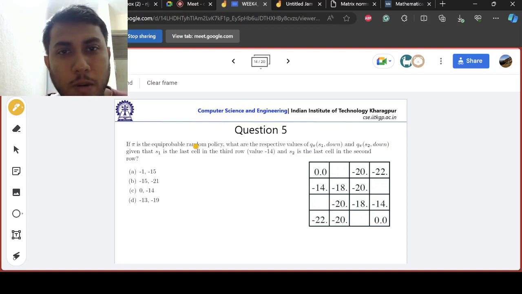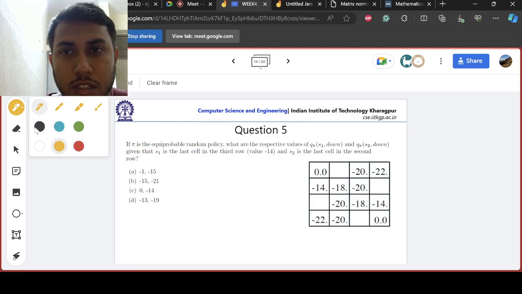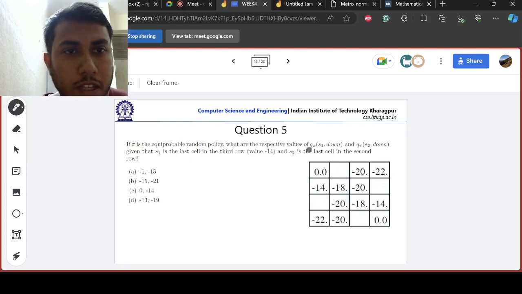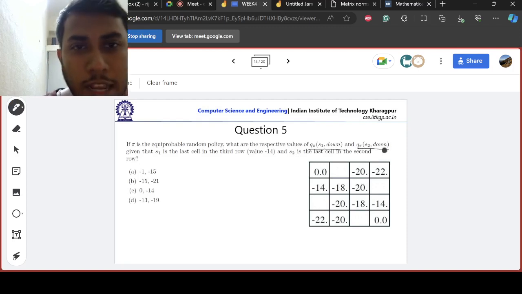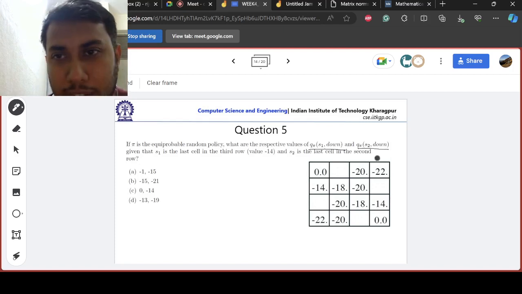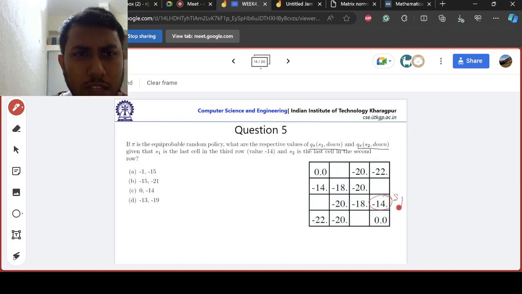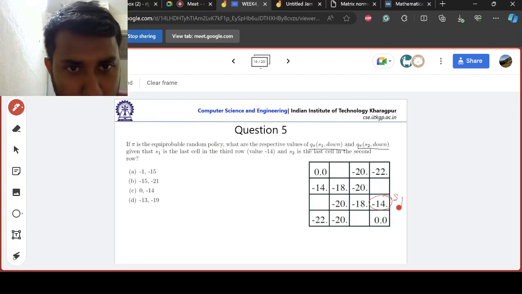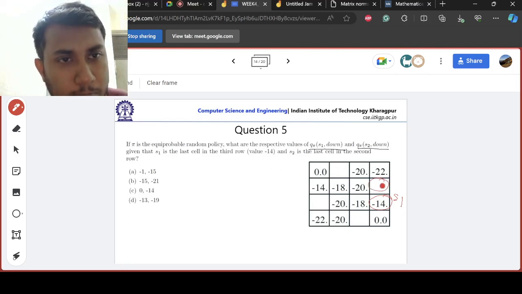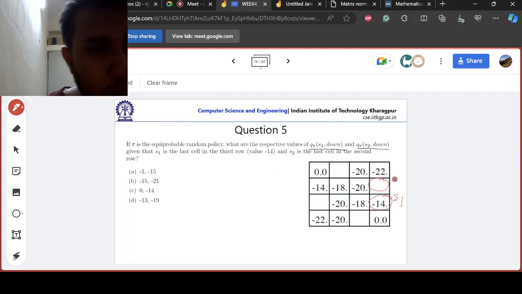If pi is an equiprobable policy, what are the respective q pi s1 down and q pi s2 down, where s1 is the last cell in the third row and s2 is the last cell in the second row.